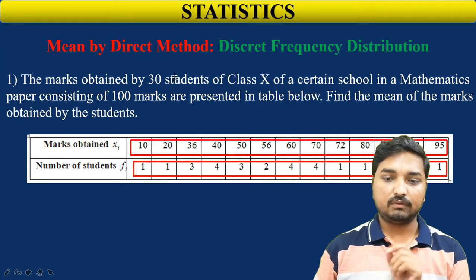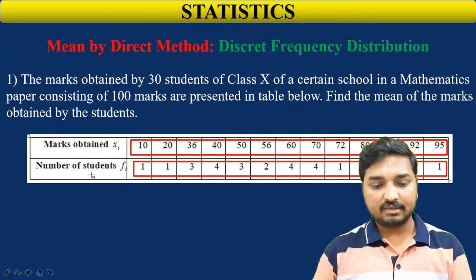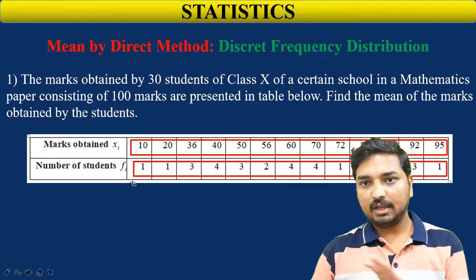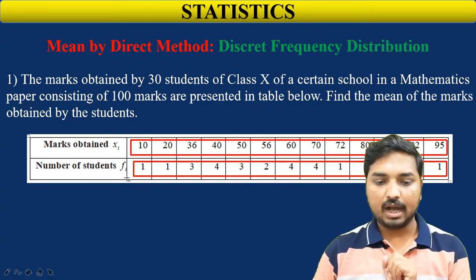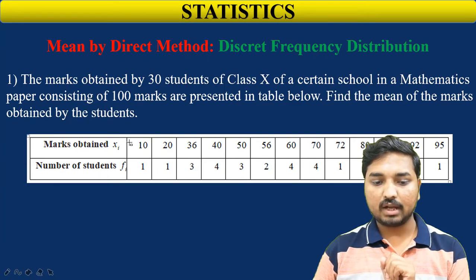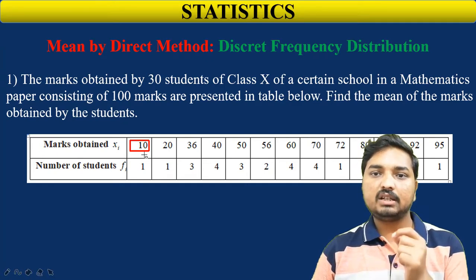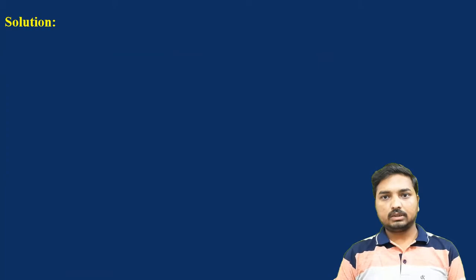Remember, the first row always represents data and the second row represents frequency. This is the same for all problems. If you look at the problem, there are no class intervals. These are just discrete values, so it is a discrete frequency distribution. Now look at the solution.